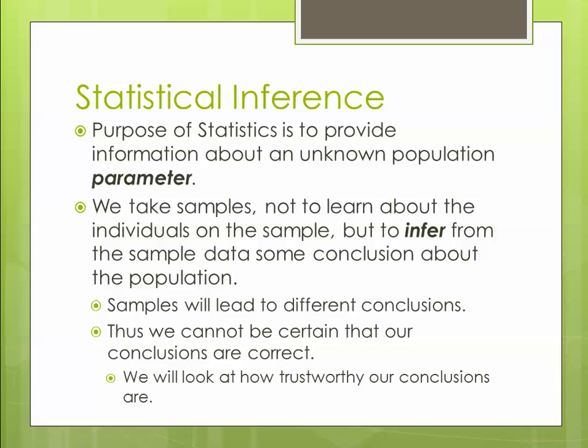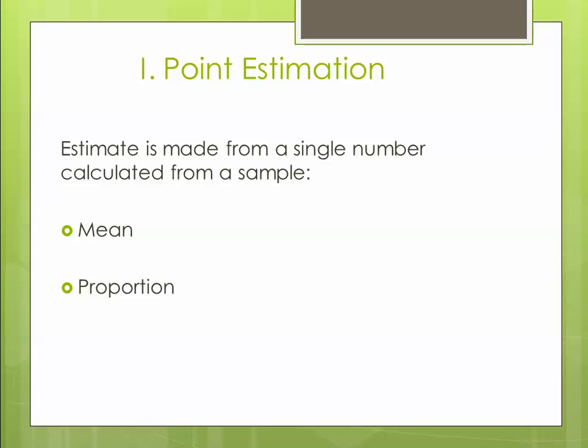So the three kinds of inference we're going to look at. The first one is point estimation. And in point estimation, we just make an estimate of a single number. So we take a sample and we calculate its mean, or we calculate the population proportion, and we report it. There are examples of that all over the place. The average American eats this many pounds of sugar a year.